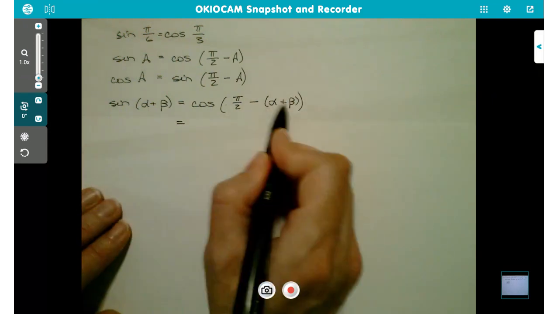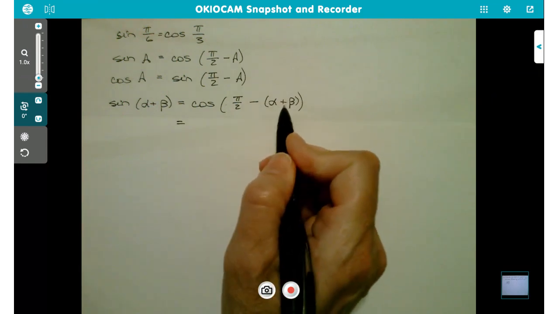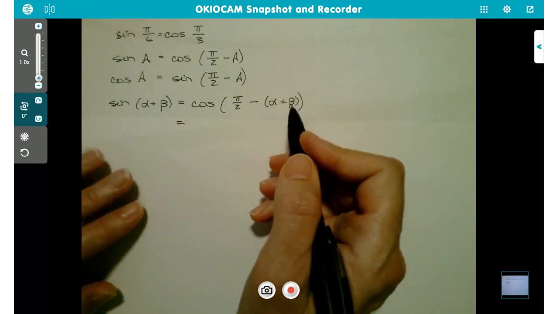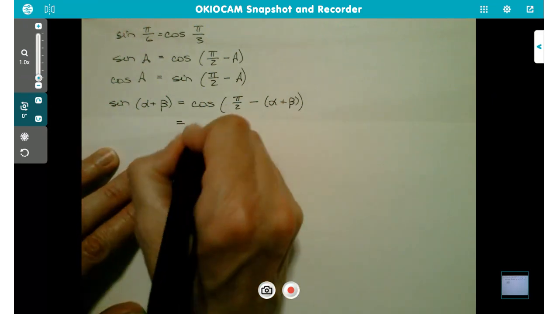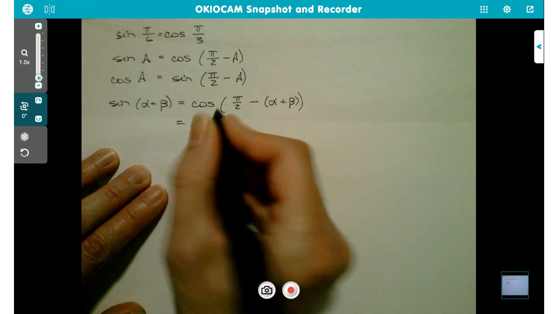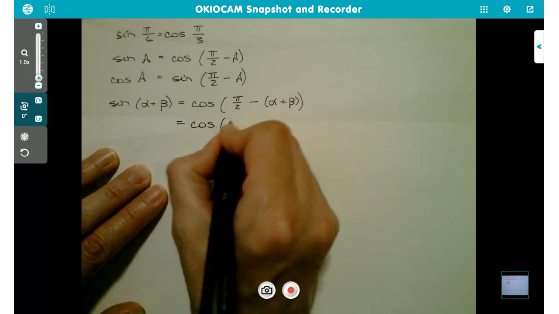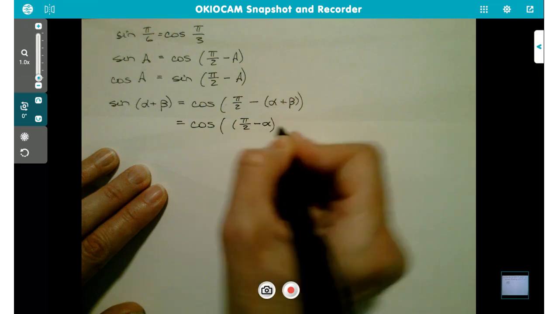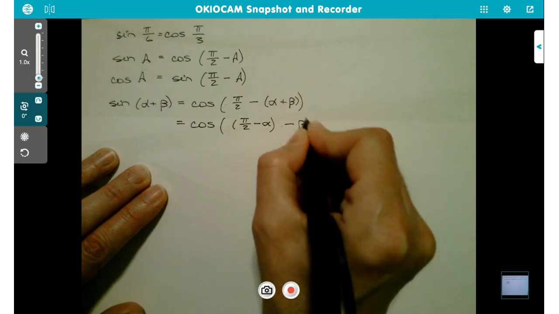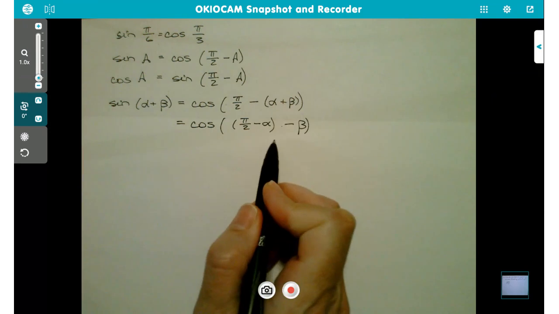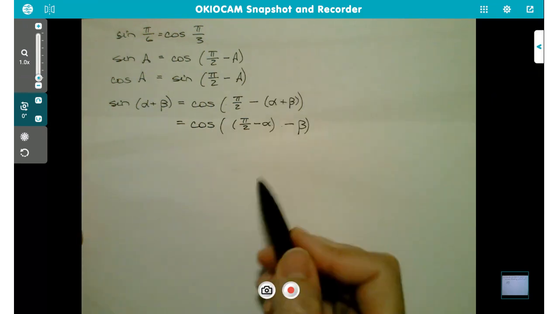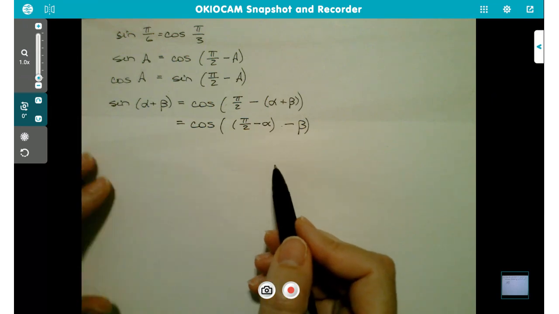Well, I want to distribute that negative through there, so I get pi over 2 minus alpha minus beta, and then I'm going to regroup. So I can say this is the same as cosine of pi over 2 minus alpha, minus beta. If you need a second to convince yourself that that's the same as the line above, it really is, if you think about it for a minute.